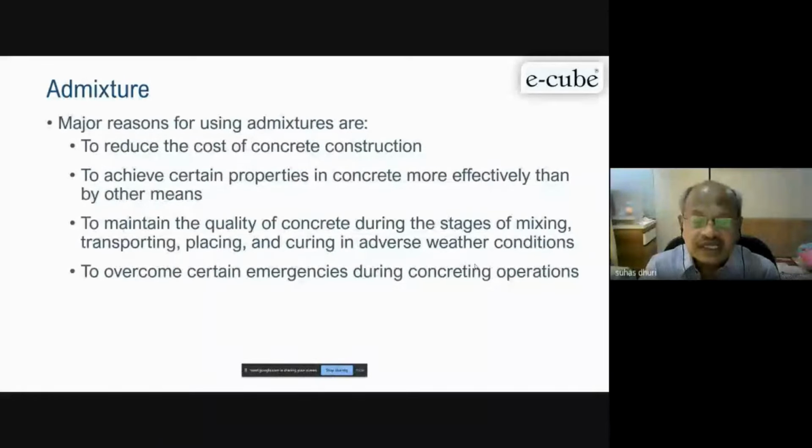Within 3 days, you must achieve 80% of the characteristic strength so we can deshutter or release these stresses. In that case, you modify the design using certain admixtures to achieve early strength. That is possible using such admixtures.